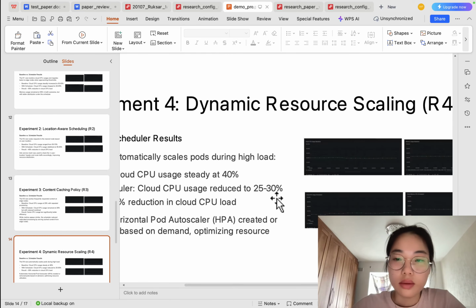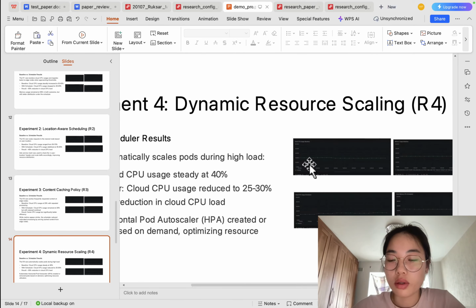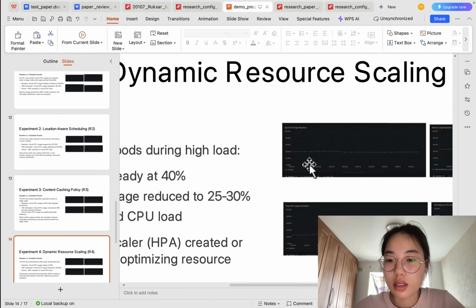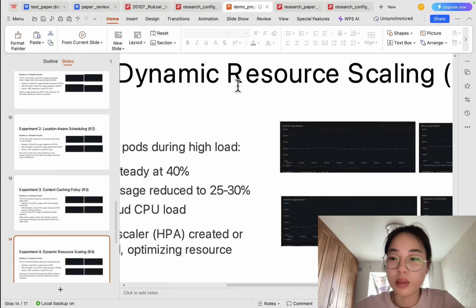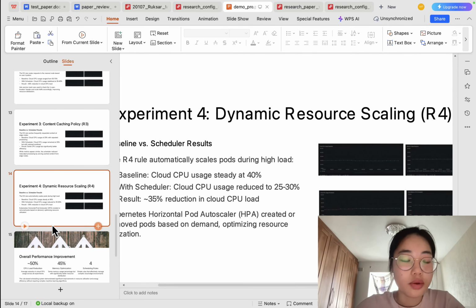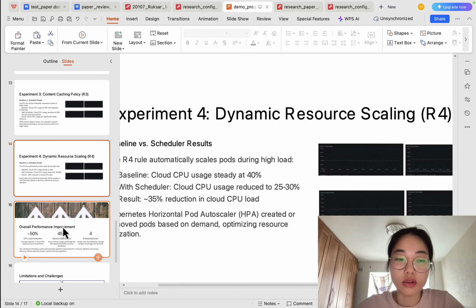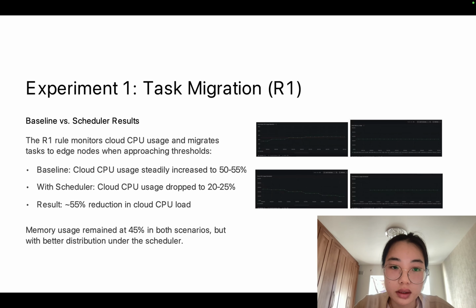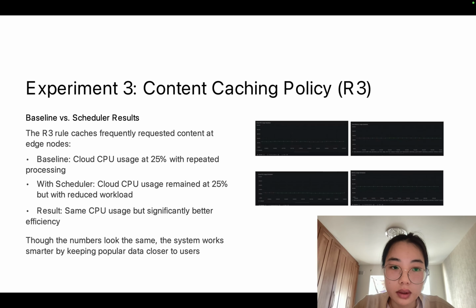Like the first one, automatic scaling, it's 14, 13, and 20, and the memory is similar, but it shows a better distribution because using the scheduler balances the memory in the system better.